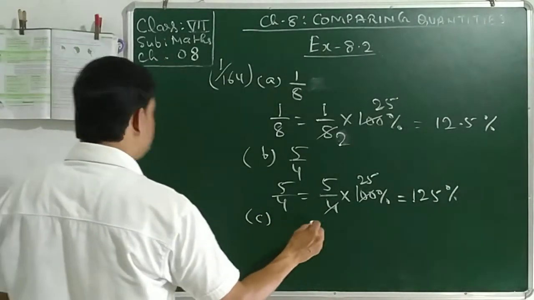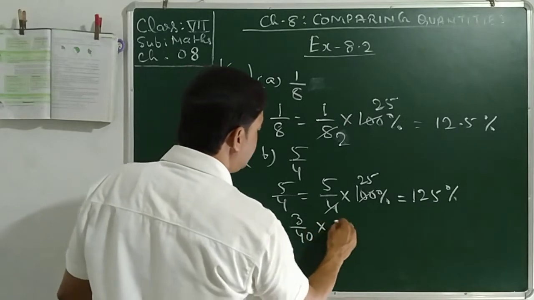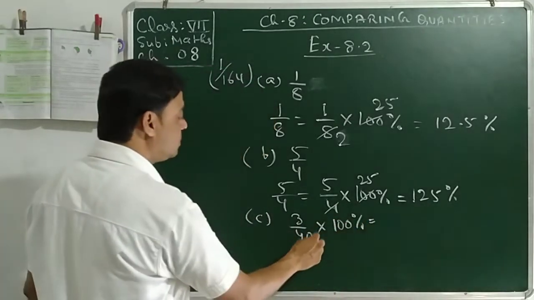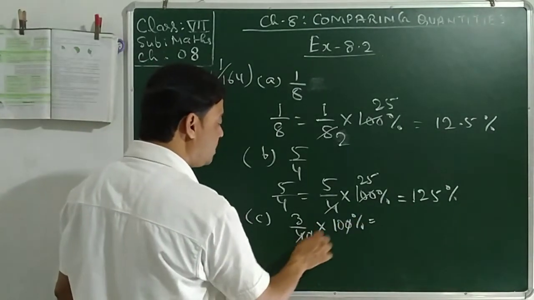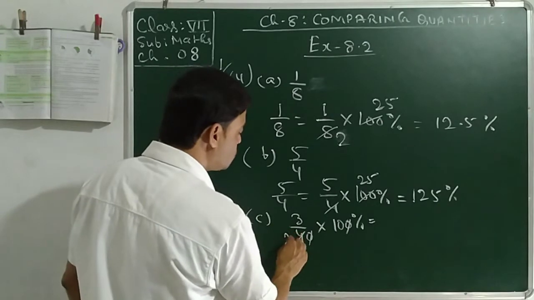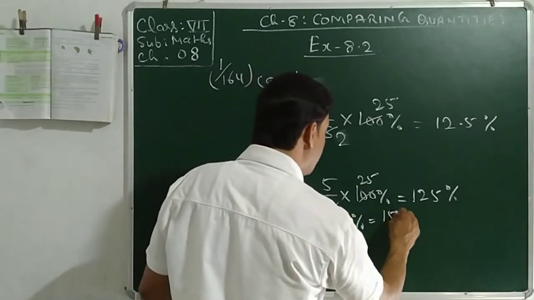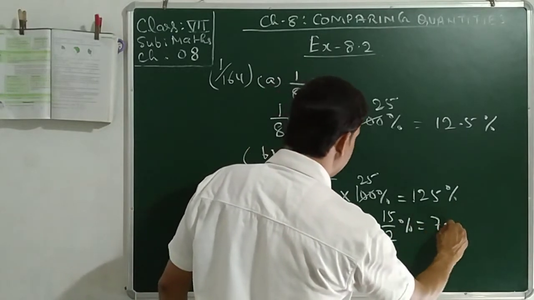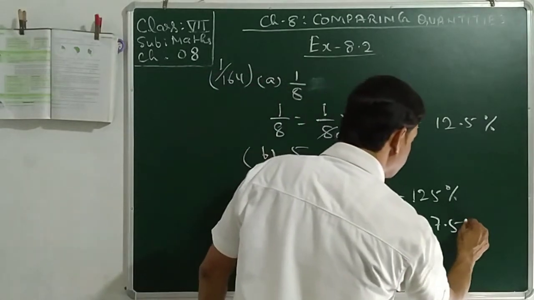In the C number, directly I am solving here. 3 by 40 into 100%, that will be equals to, if you reduce it to the lowest term, it will be 2 2s are 4, 2 5s are 10. So 15 by 2%, that you can write as 7.5% also.